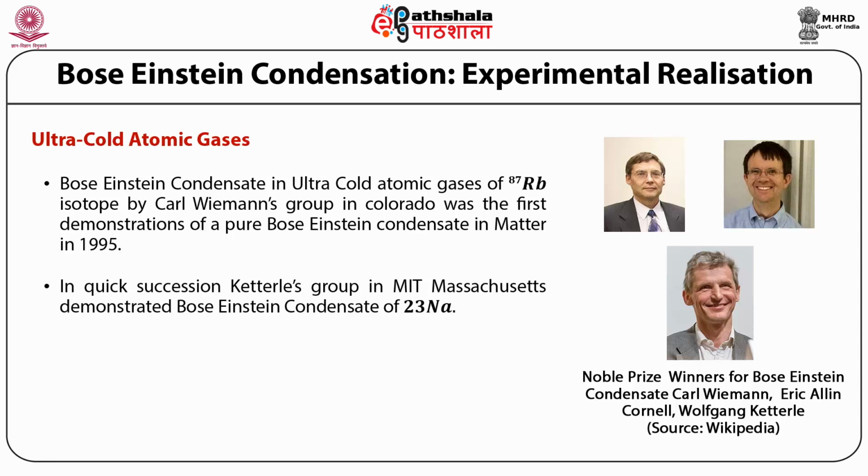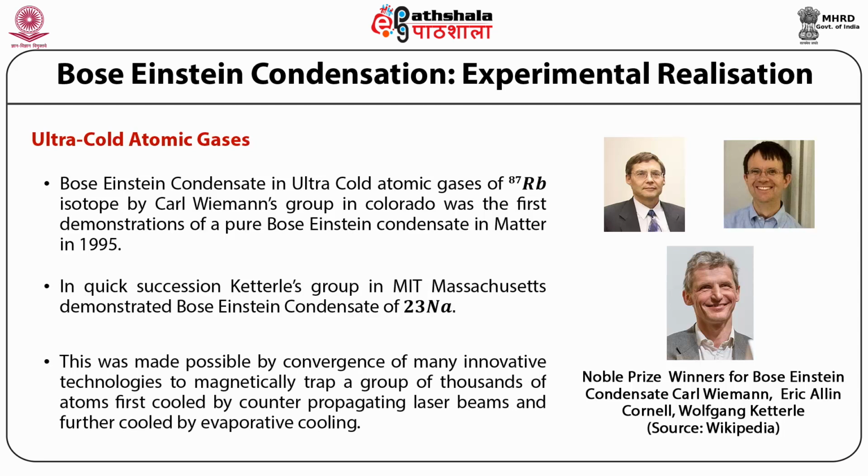In quick succession, Ketterle's group at MIT, Massachusetts demonstrated Bose-Einstein condensation of sodium-23. This was made possible by convergence of many innovative technologies to magnetically trap a group of thousands of atoms first cooled by counter-propagating laser beams and further cooled by evaporative cooling. Magnetic trapping made sure that a desirable number of bosons are available in a specific volume.